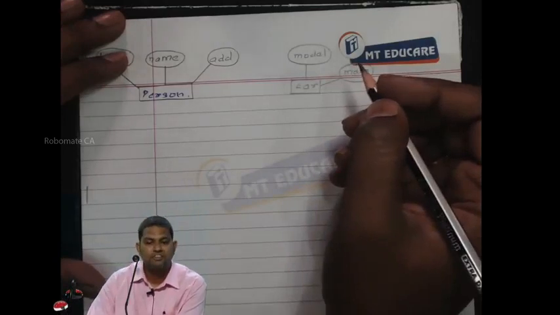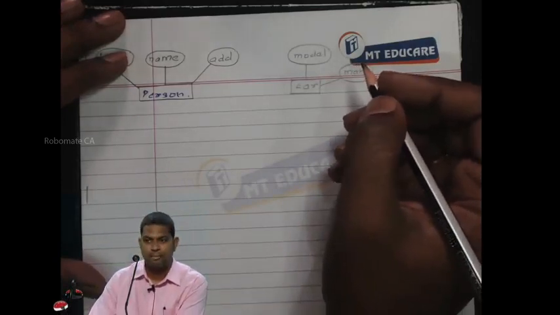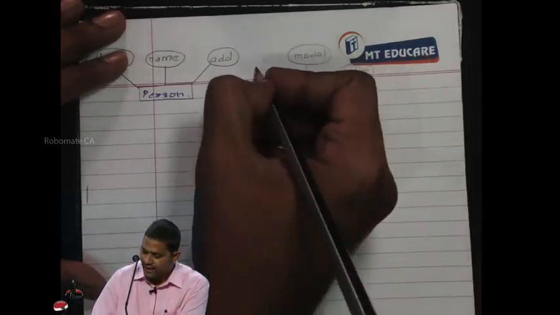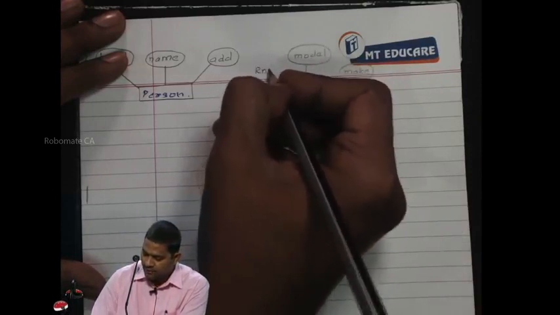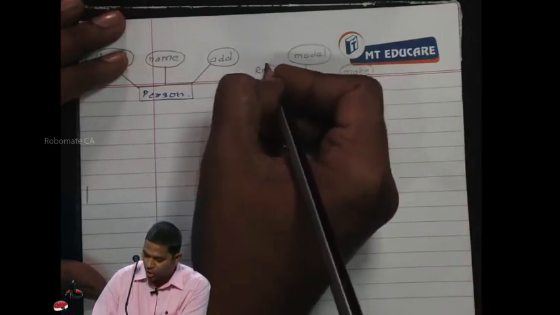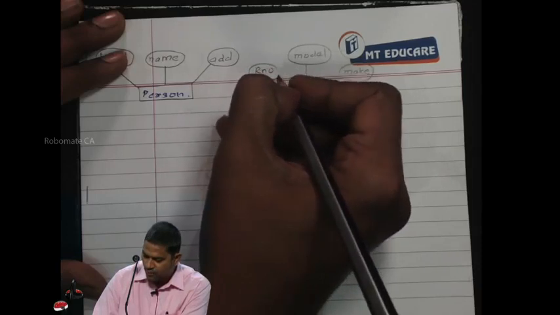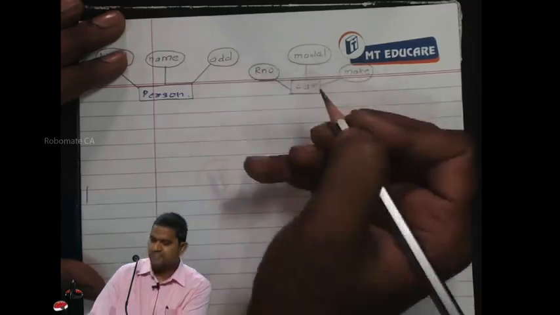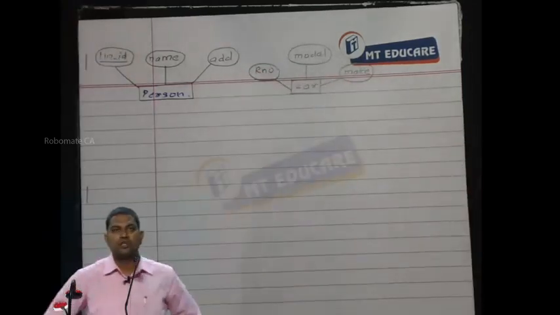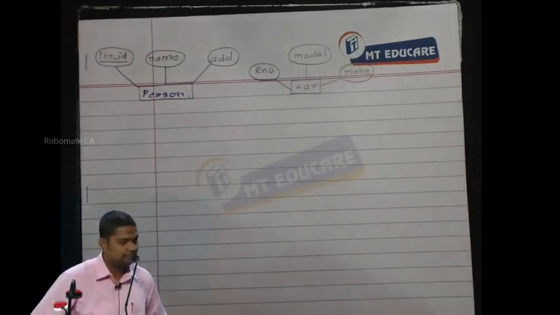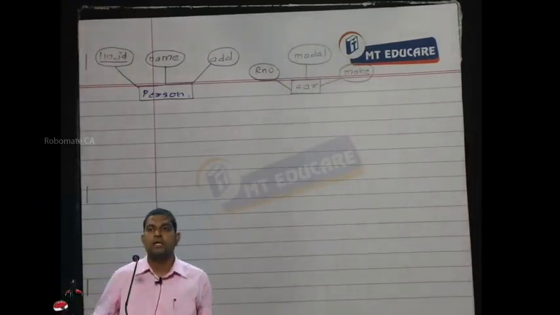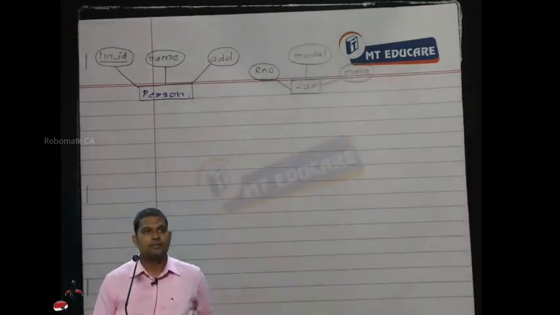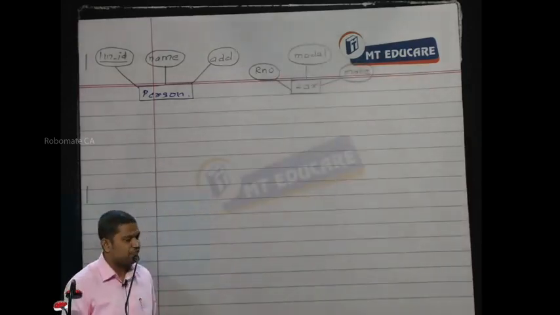Registration number of the car is very, very important. So I call it R number, registration number. It is also an attribute of the car. Now, model. You may have n number of cars of a specific model.